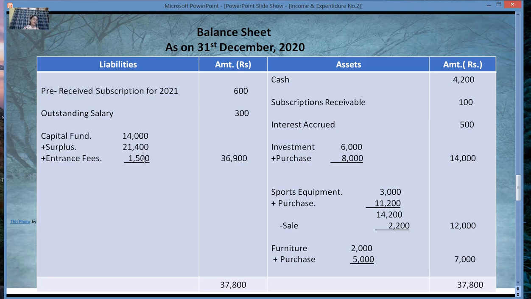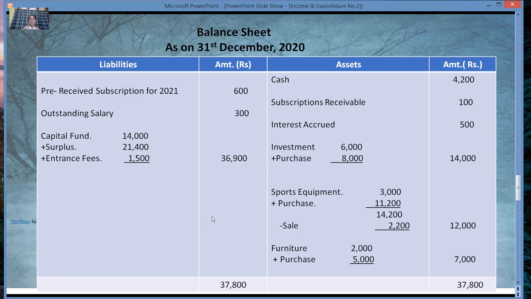And if you remember your adjustment number B, entrance fees was to be transferred to capital fund. So this is added to your capital fund. Once we add up all this, we get 36,900. So on 31st December 2020, the financial position was as such for the not-for-profit organization. Okay, so this is the status.